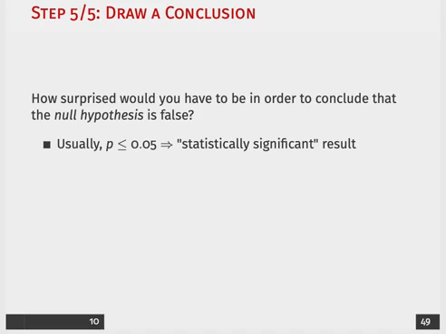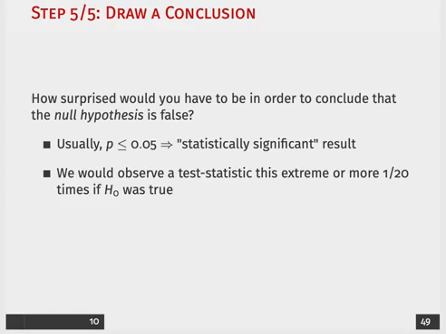Usually it's called statistically significant, and this is a p-value of 0.05 or less. This is essentially saying that the test statistic falls outside the range of 95% of the test statistics we would likely encounter if this was the true data generating process.